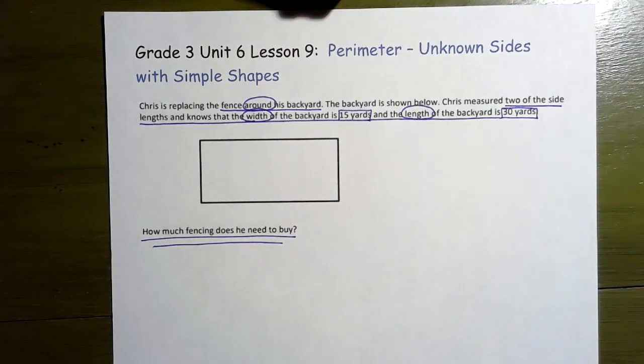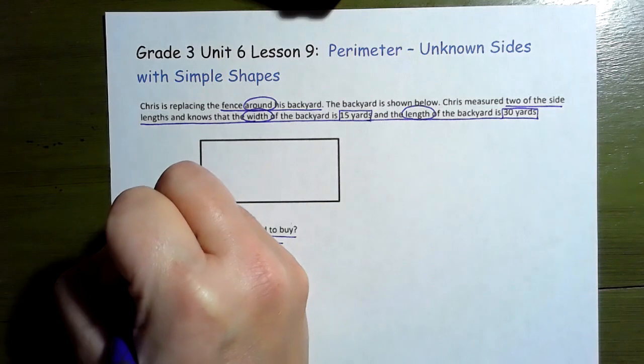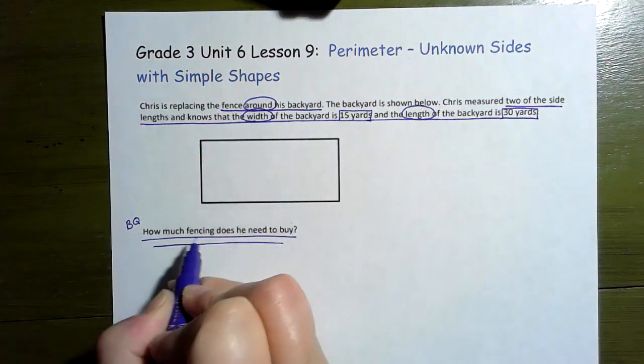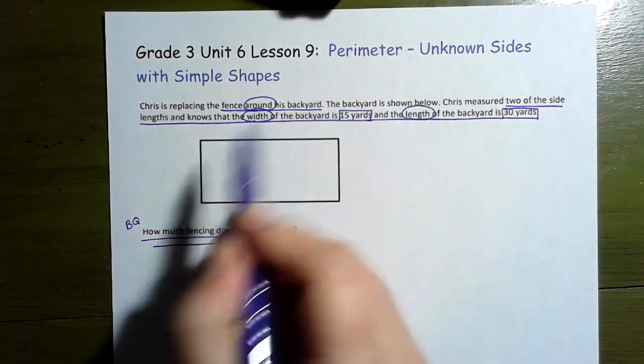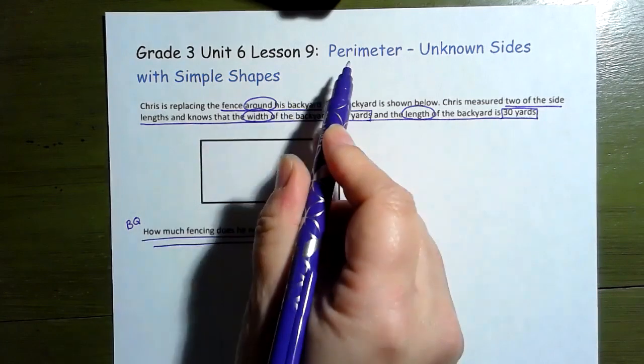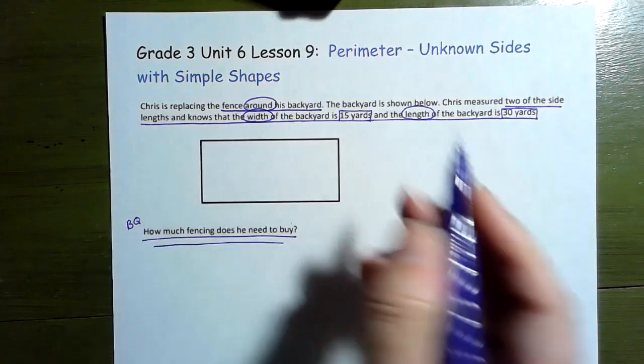What is the big question? What are we trying to find? Say it to your screen. That's right. Our big question is how much fencing does he need to buy? And when we're thinking about fencing, fencing goes around the backyard. So we need to find perimeter because that's the total distance around.